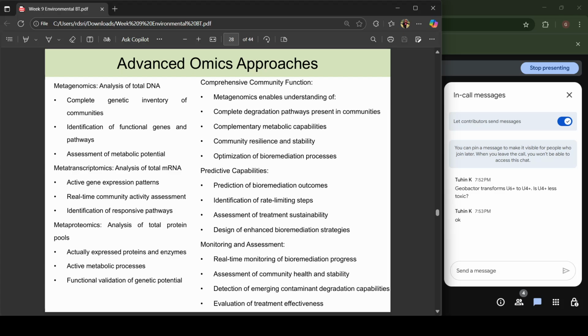So that is why we go for metatranscriptomics. And when we talk about metaproteomics, it is about the analysis of the total protein pool. So we will know what the expressed proteins and enzymes are that are present, and what metabolic processes are happening, and we can give a functional validation of the genetic potential.